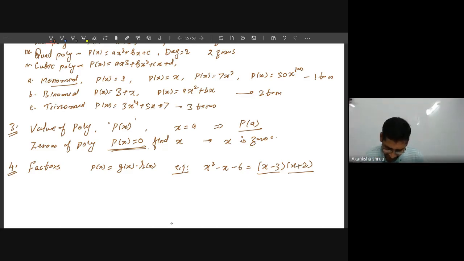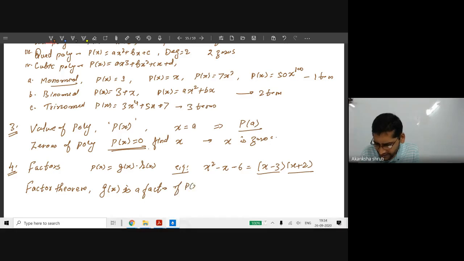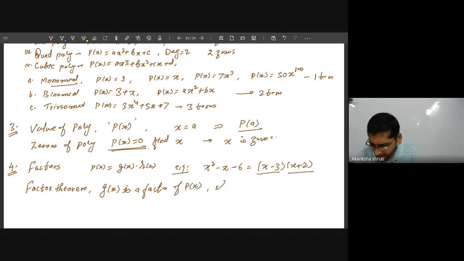Another, based on this factor we have the factor theorem. The factor theorem says, if g(x) is given as a polynomial, then g(x) is a factor of p(x) if and only if the zeros of g(x) that we can calculate will also be zeros of p(x).